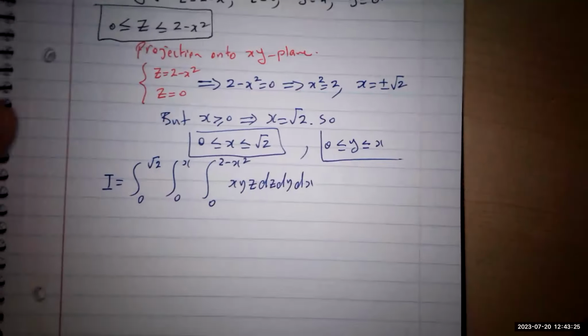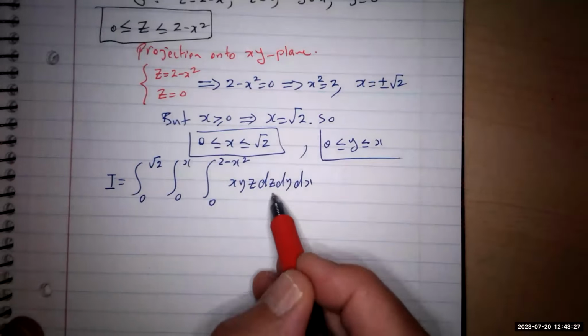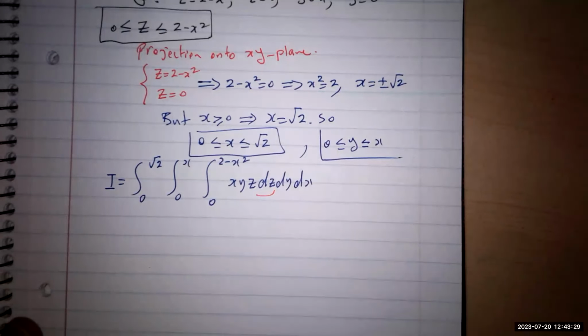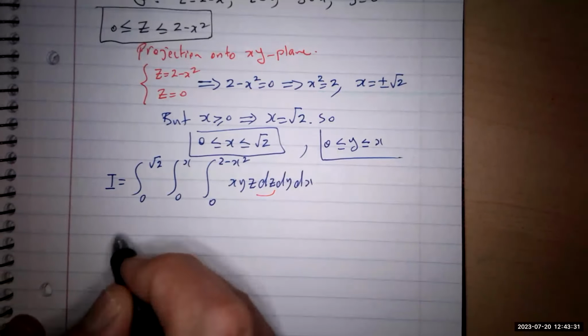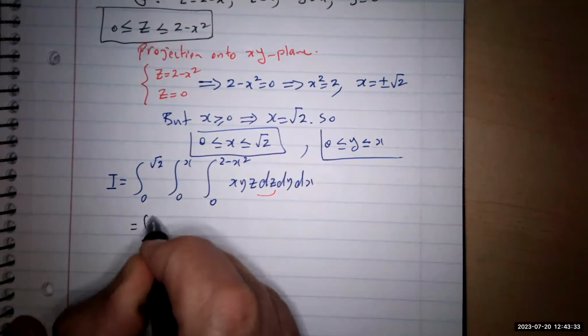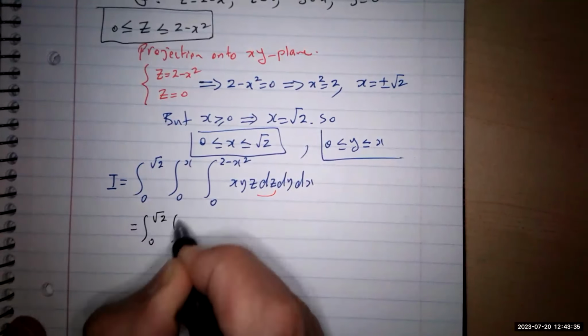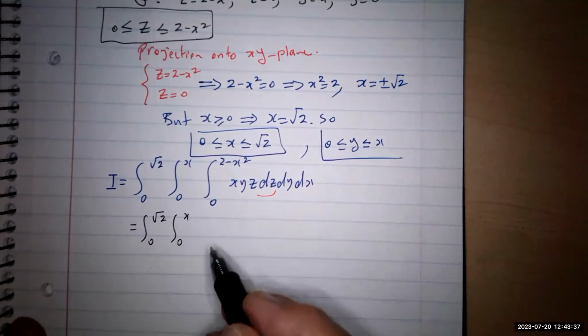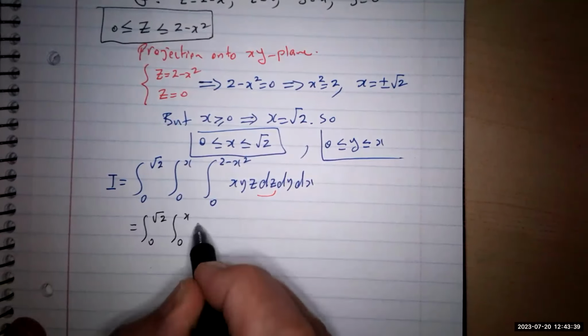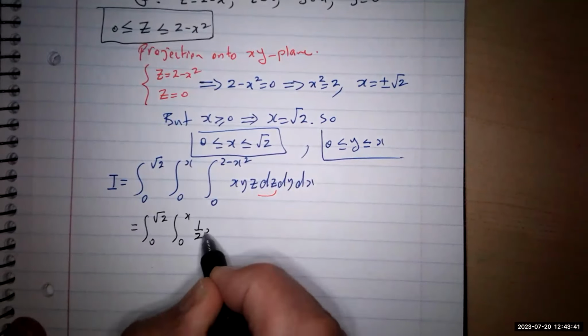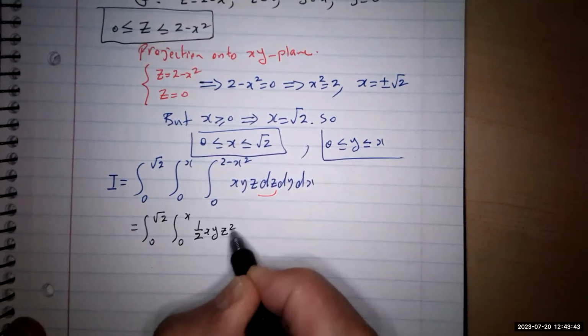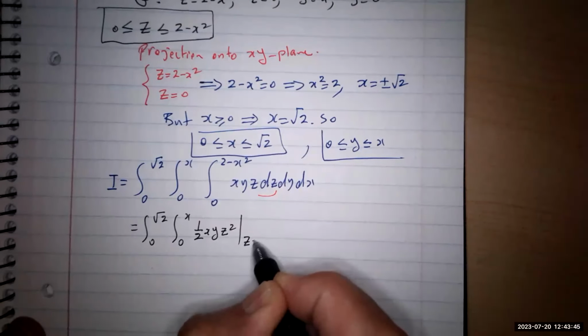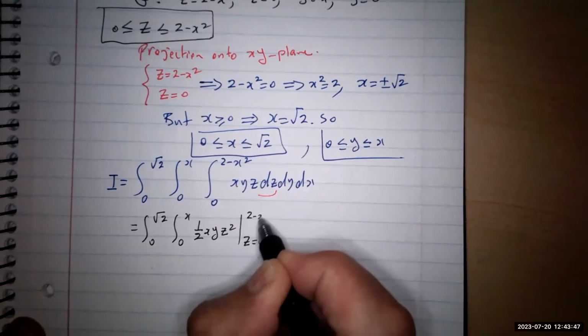Okay, so you do the Z first. So this is going to be 0 to radical 2, 0 to X. If you do the Z first, that gives you 1/2 of the XY Z squared, Z going from 0 to 2 minus X squared.